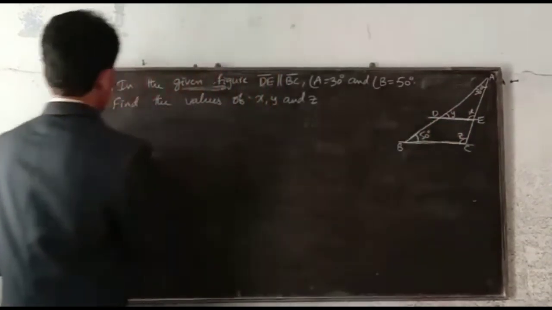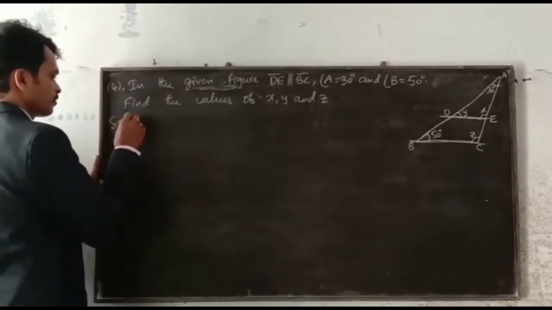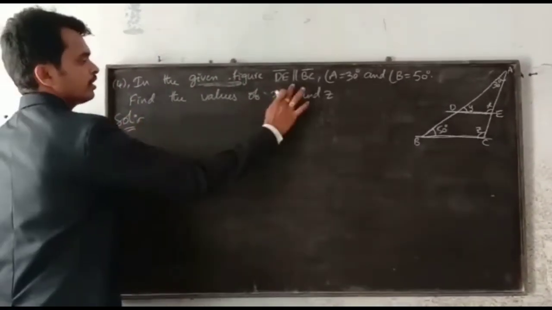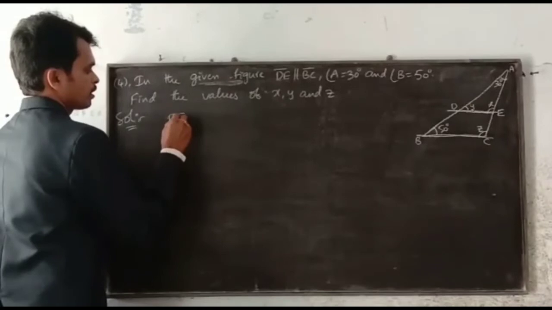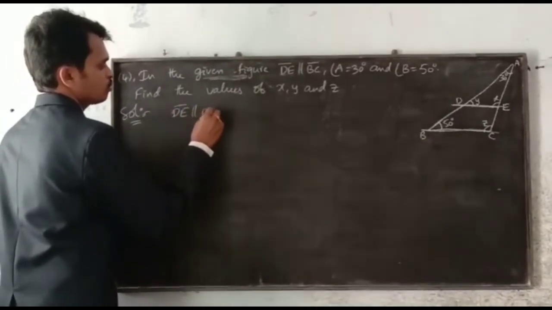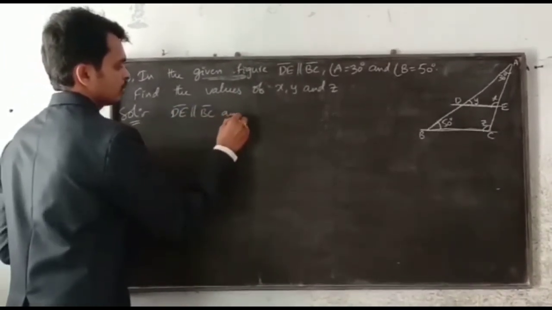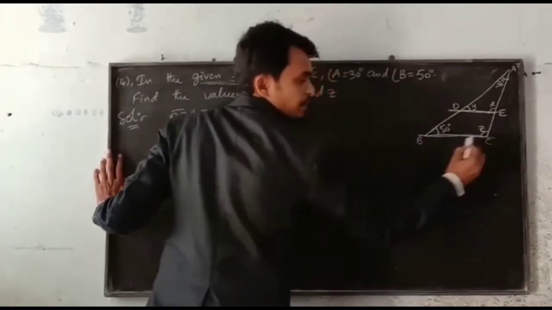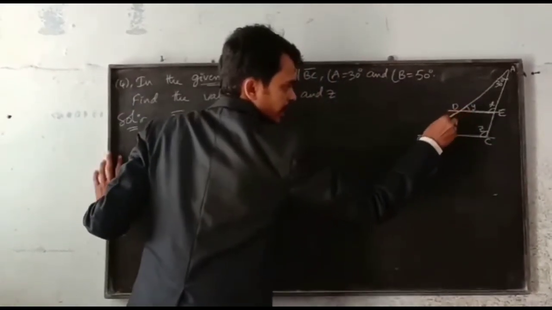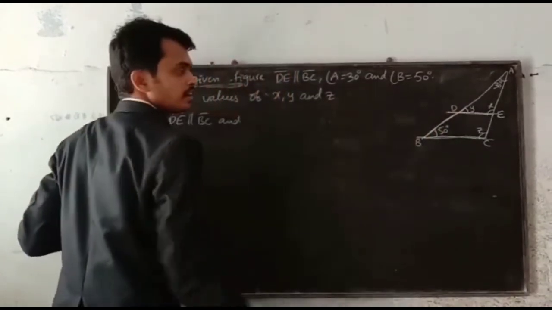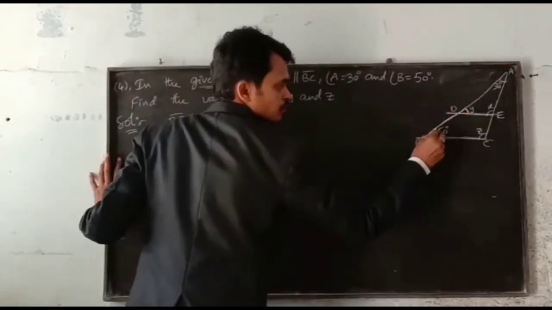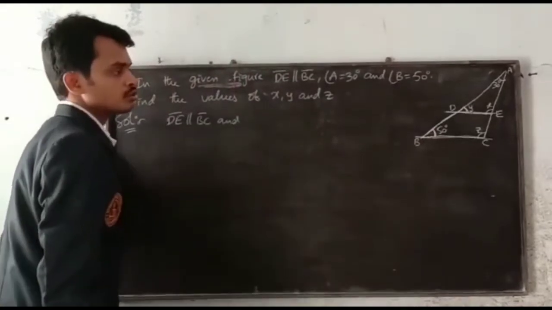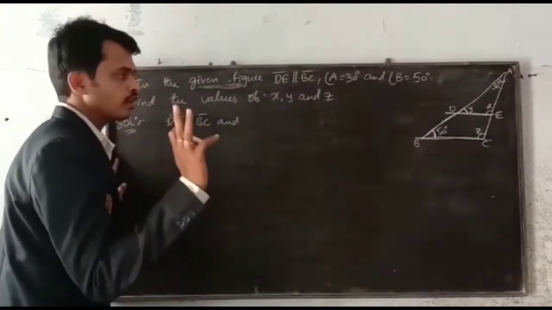So here solution. Already given, DE is parallel to BC, and if we take DB as a transversal line, angle y is equal to 50 degrees. According to this, these two angles are corresponding angles.